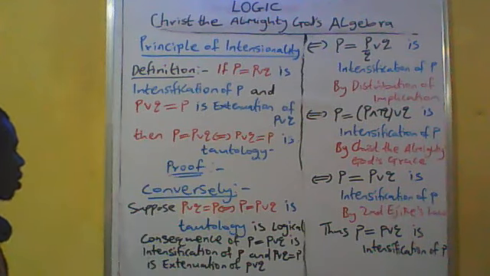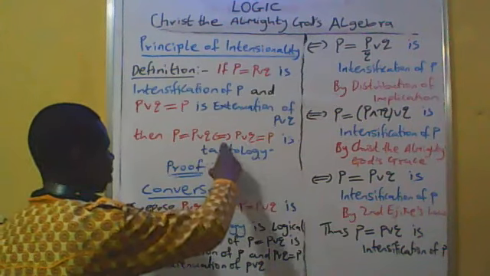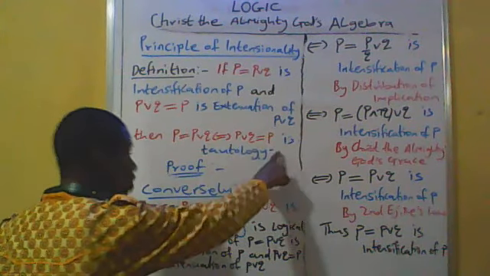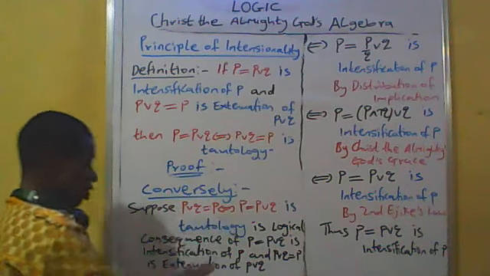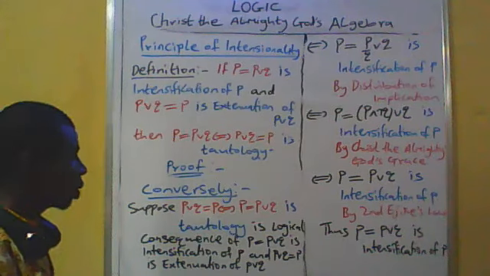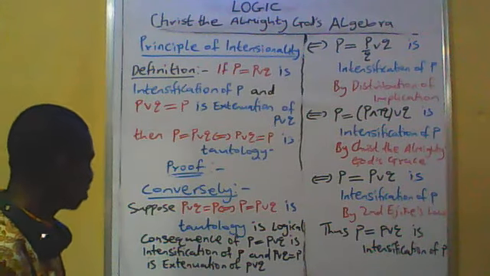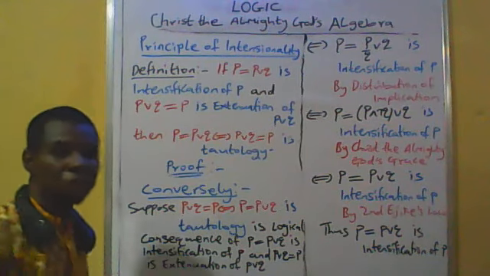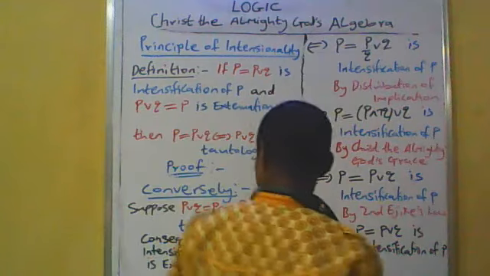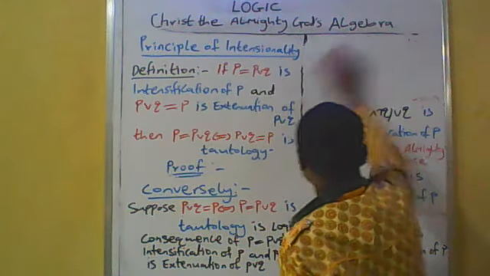That means this P equal to P or Q if and only if P or Q is equal to P is tautology, is logical consequence of P equal to P or Q is intensification of P, and P or Q equal to P is intensification of P or Q. So if that is true, go to this side.